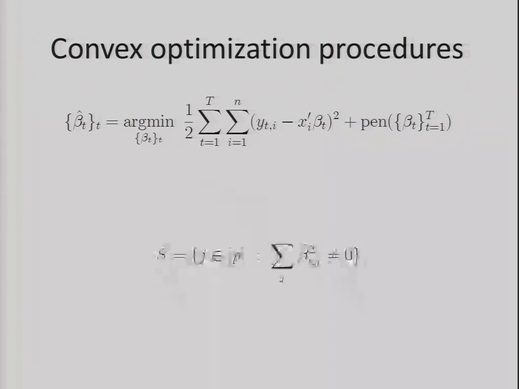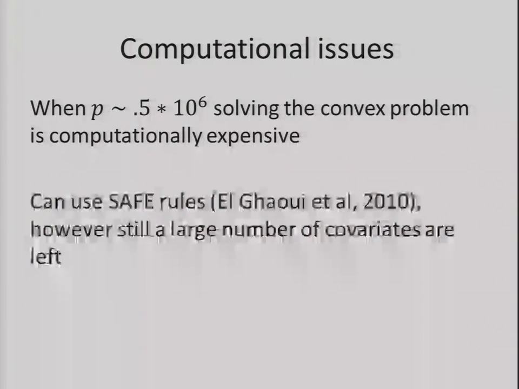Now, one problem of this approach is that when we have 500,000 predictors, it might be expensive to solve this particular convex optimization problem. So researchers have come up with a lot of efficient algorithms for solving the multitask linear regression problems with various penalties.